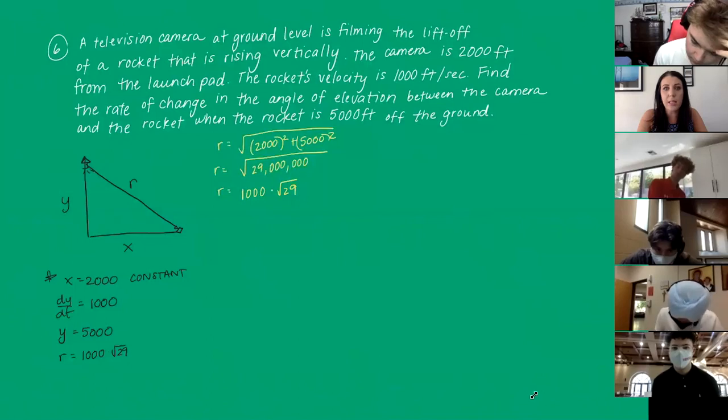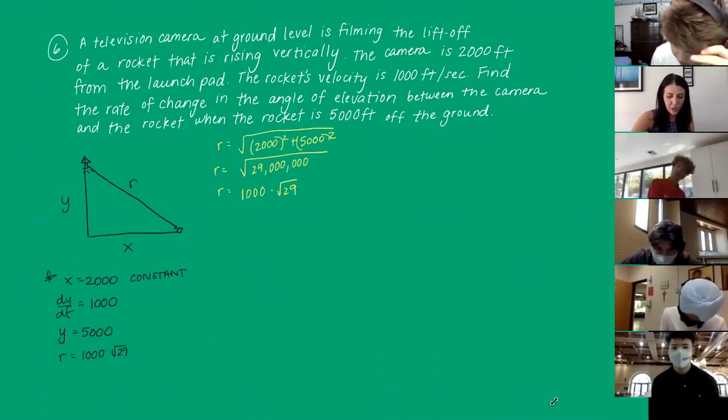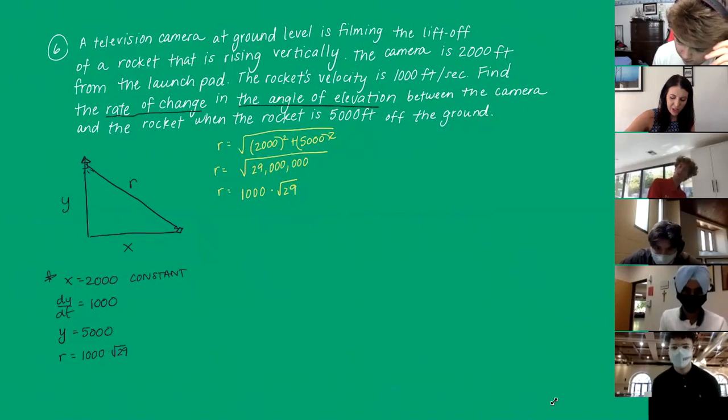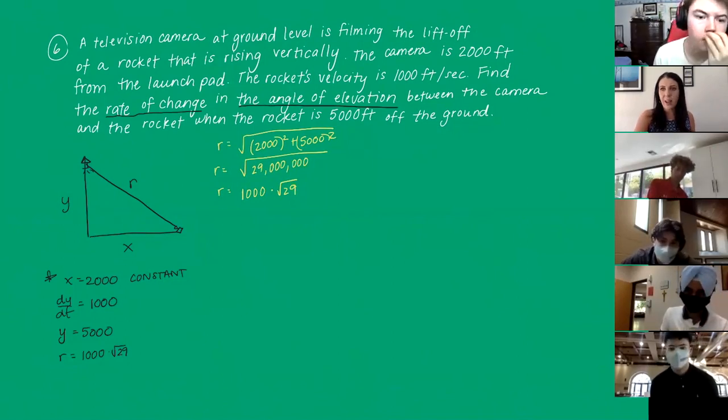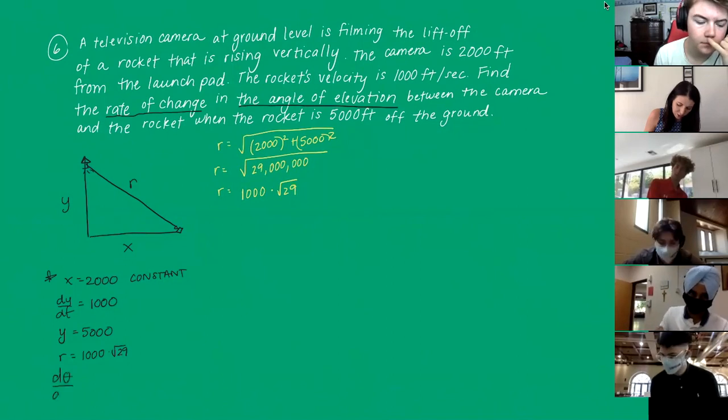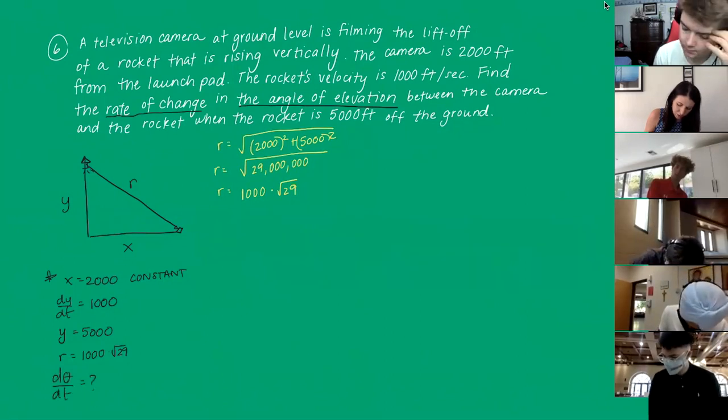This one says, find the rate of change, so that's a d something, in the angle of elevation between the camera and the rocket. Does anyone have a guess at what they're asking us to find here? If you had to make a guess, a rate of change, go ahead. d theta over dt. You are so smart. d theta over dt is actually the thing we're looking for.